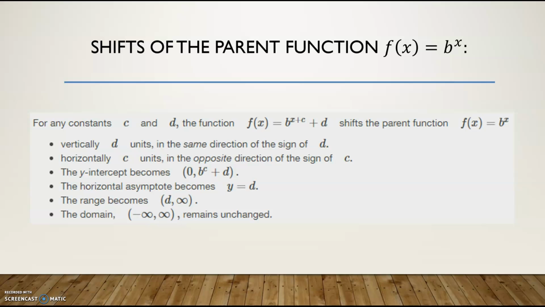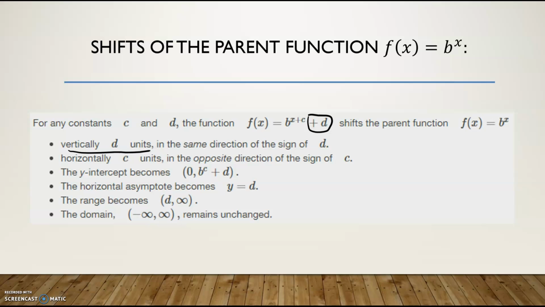Now let's look at what happens if we shift the parent function. For any constants c and d, the function f of x equals b raised to x plus c, plus d, shifts the parent function f of x equals b raised to x. The d is going to move it vertically that many units, either up or down. If it's negative, it'll move it down.